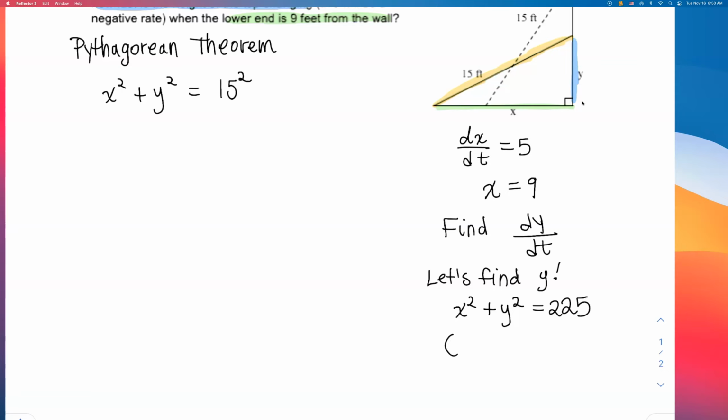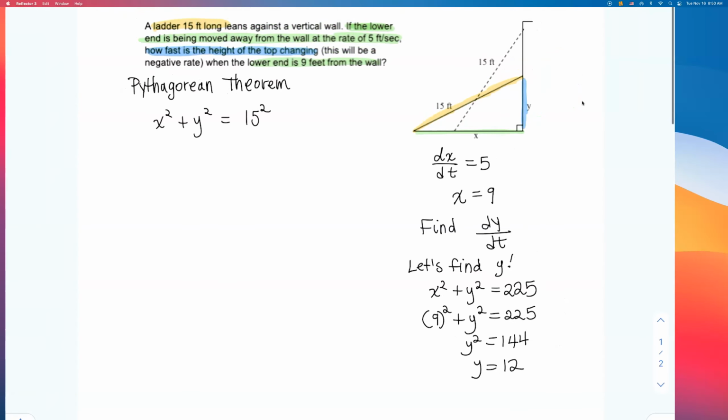If I plug in 9 here, that was the x value they gave us, I should be able to find what y is. So 225 minus 81 is 144. So y squared is 144. y must be 12.